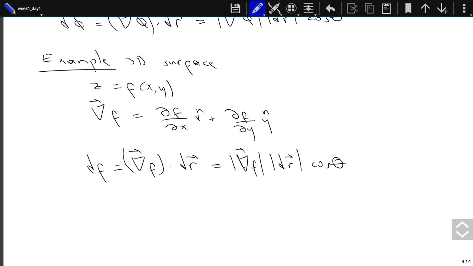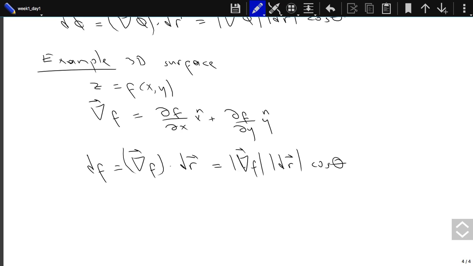Now let's look at this direction. In this direction, the height of the surface is not really changing. If the height is not changing, then df is 0. I didn't change the gradient of f. This is given by the surface itself. The only thing I'm changing is dr, taking dr to be pointing in different directions.